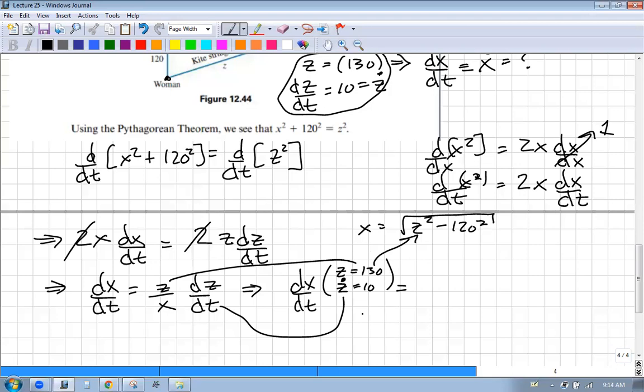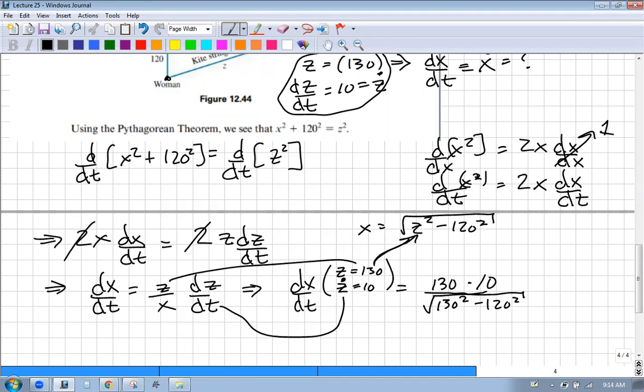Does that make sense? So we plug in our z. They say it is 130. Dz dt they gave us is 10, so that's times 10. And now we just need to know what x is. Well, here's what x is in terms of z. They told us z was that, so replace the x with the square root of 130 squared minus 120 squared. And that's your answer.